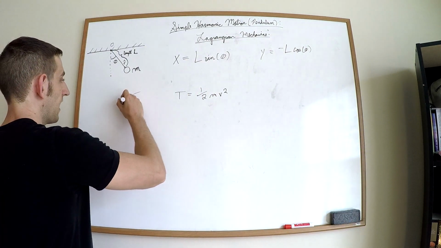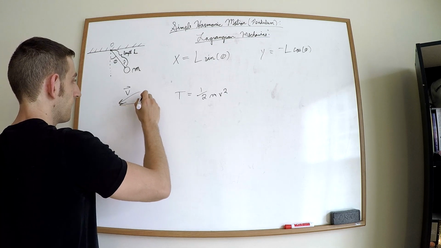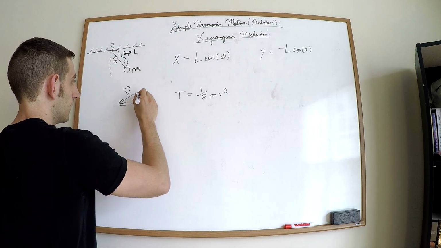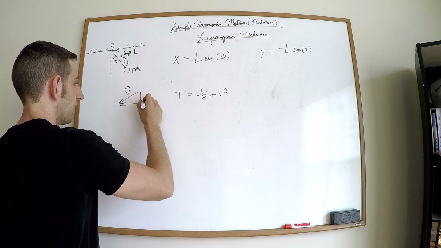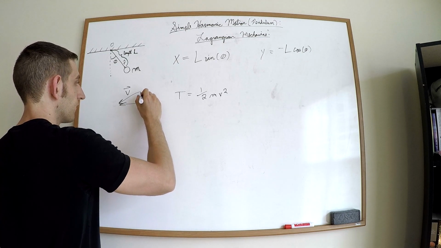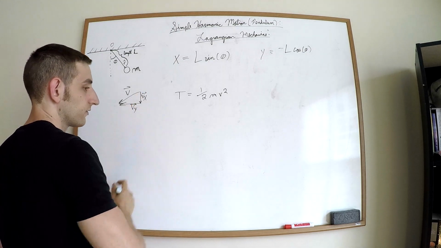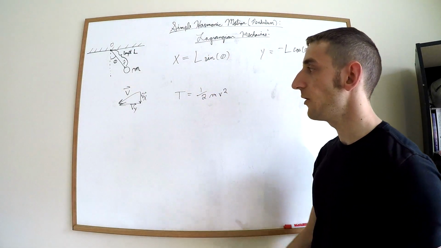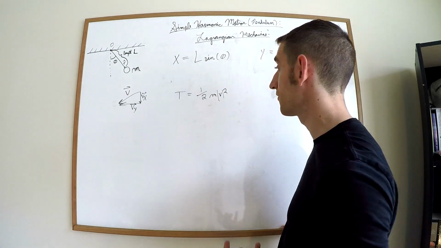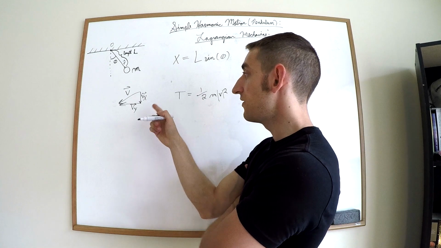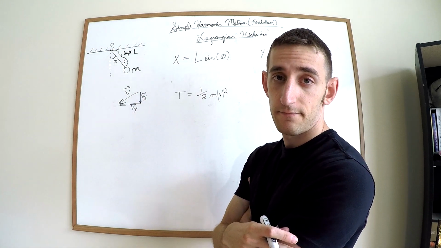Well, we know that if we have a vector v, like that, we're going to have Vx and Vy, two components. And we know from the Pythagorean theorem, it's actually the magnitude, it's not a vector, that x squared plus y squared equals the hypotenuse squared. Right?